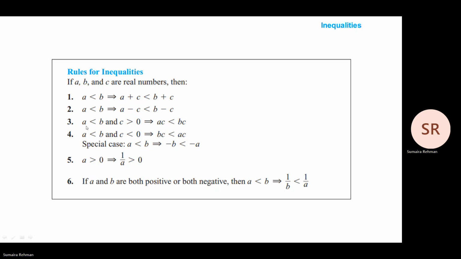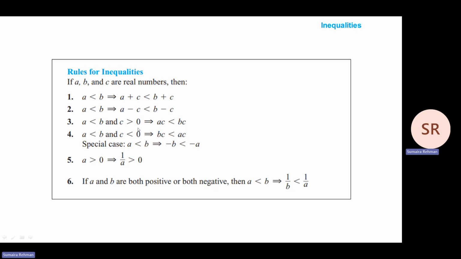Now the third rule: if a number A is strictly less than B and C is greater than 0, it implies AC is strictly less than BC. So here we have multiplication in the inequality. Why are we taking C greater than 0?